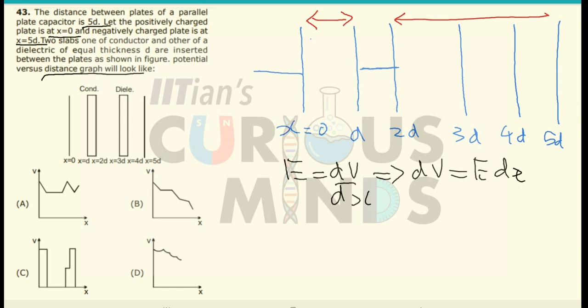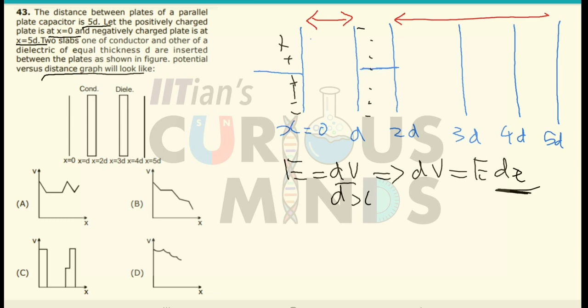Now between two plates the electric field remains constant. So as we move from the positive to the negative potential, the potential goes on decreasing linearly because it is directly proportional to dx.